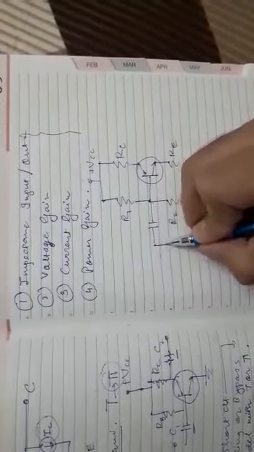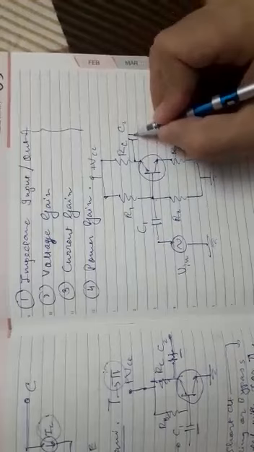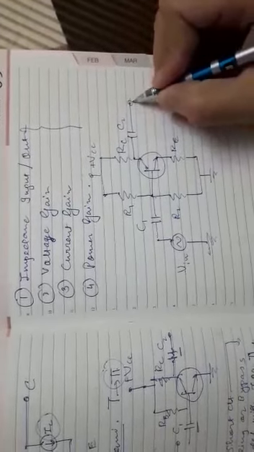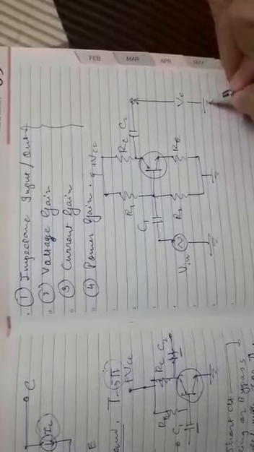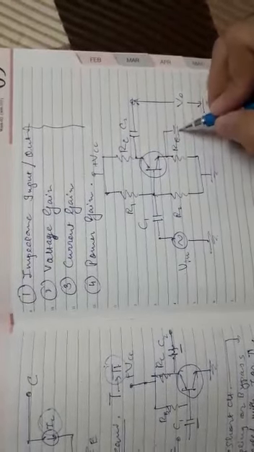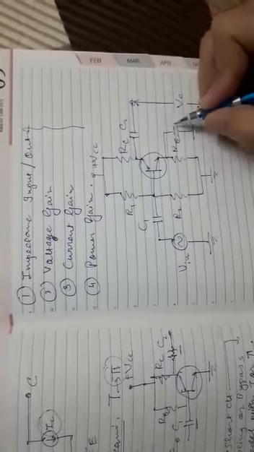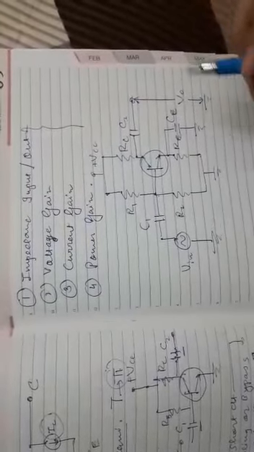There will be some input capacitors, here the input voltage, C1, C2, and here the bypass capacitor. We call it CE. C1 and C2 are the coupling capacitors, and CE is the bypass capacitor.